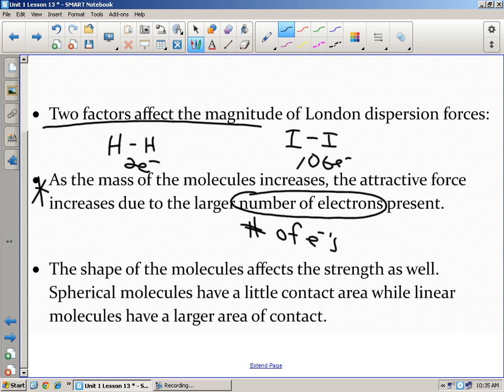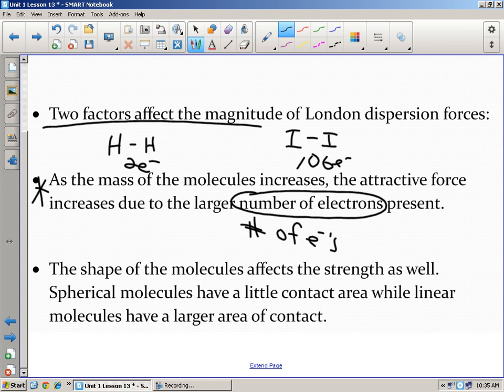I can prove it to you right now. If it's strong, intermolecular force is what we're talking about. When we talk about intermolecular forces, we are talking about what holds this molecule to this one, yes? H2 to H2. Look, what's hydrogen? It's a gas, right?